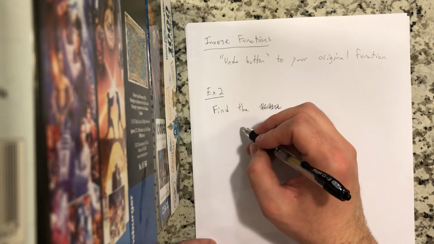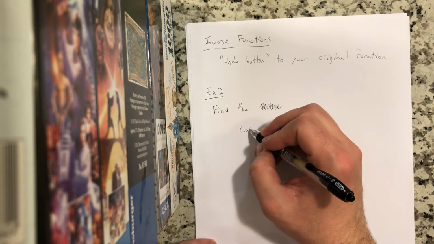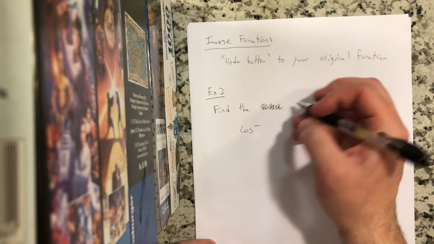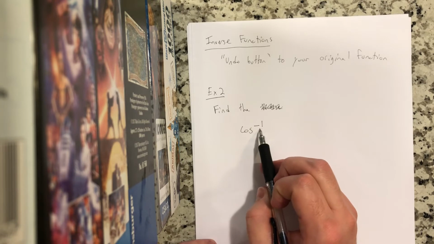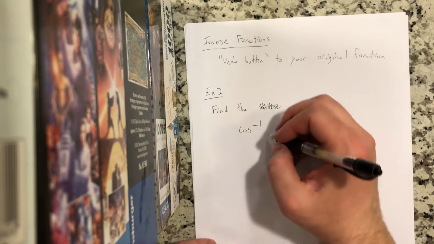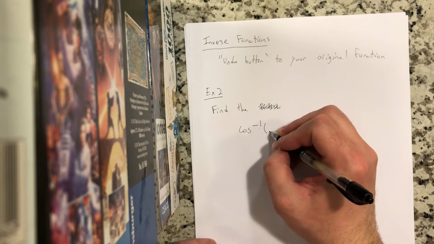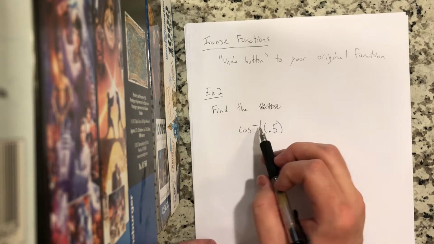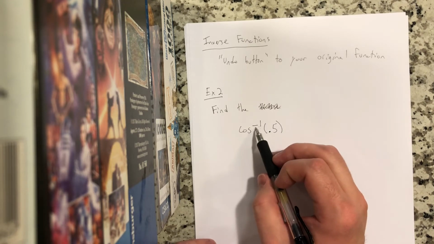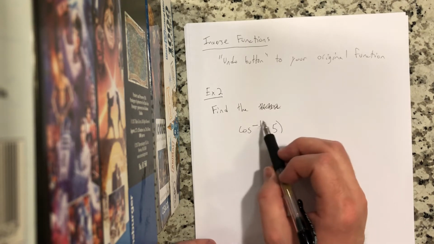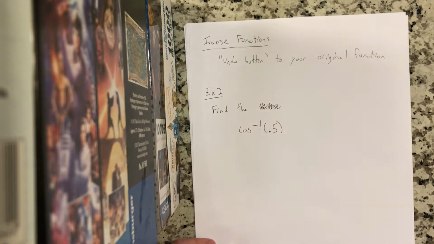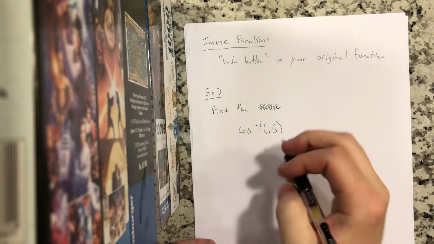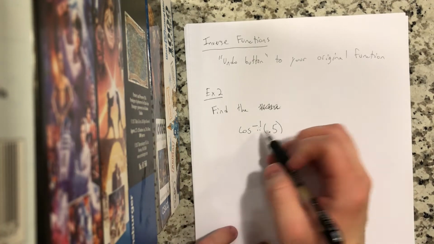Find the cosine, and here's the way we're going to represent inverse, with a -1 power. It is not actually an exponent here. This notation can get kind of tricky, but in this case, it's going to represent inverse. So keep that in mind. This is not a -1 exponent.